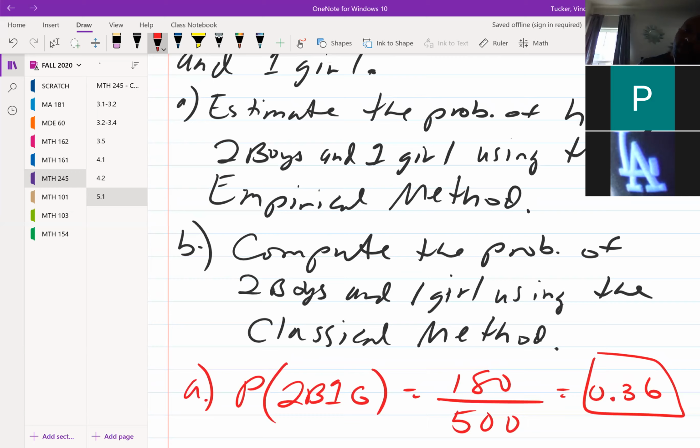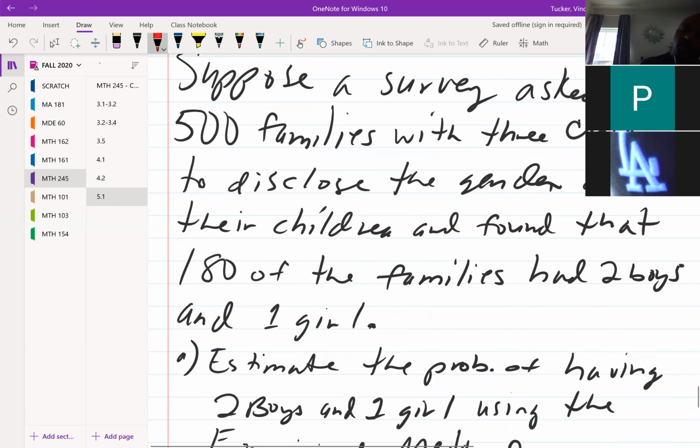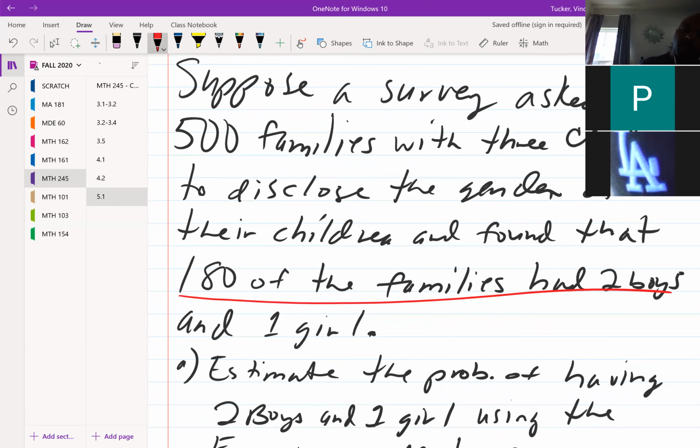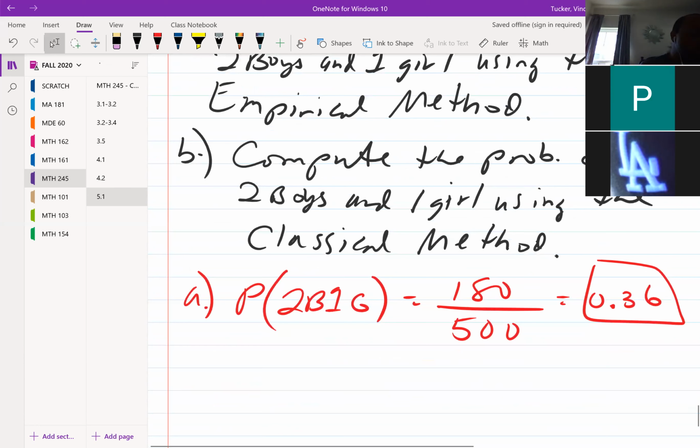So remember that 180 and 500 came from the problem. There were 180 families. They had 2 boys and 1 girl. And there were a total of 500 families. So you take that 180 and place it over the 500. All right. So that's the empirical method.